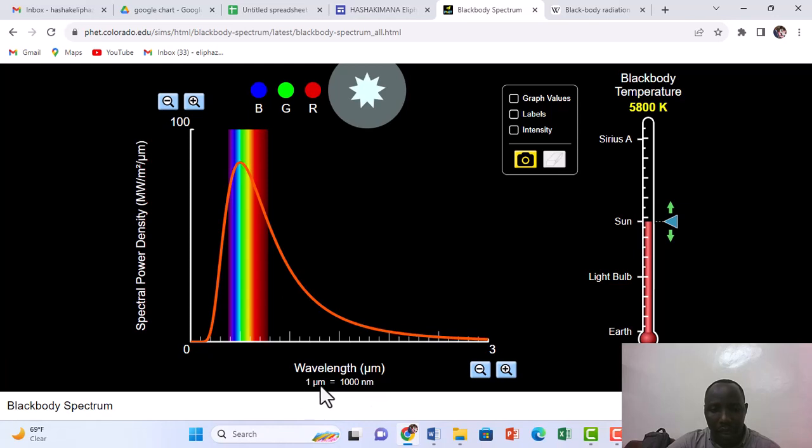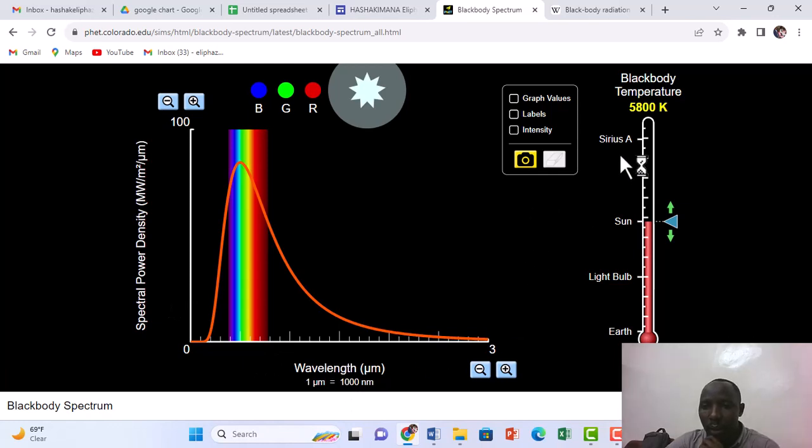You remember that 1 micrometer is equal to 1000 nanometers, and they are on this square while showing the change. To be very clear, those are the primary colors, red, green, and blue, which change as the radiation and wavelength change.